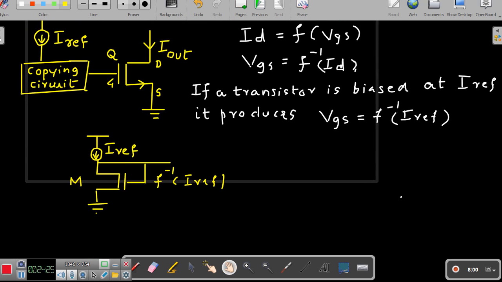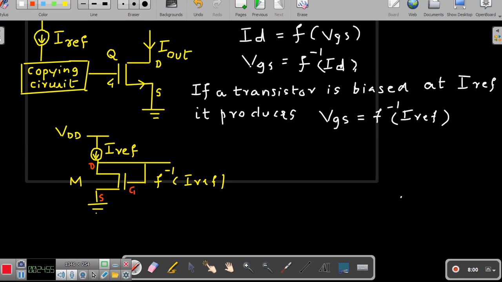Please look here. Of course, this is my VDD. Now, if you look at this diagram, this is my drain, this is the gate, and this is the source. In this diagram, your drain and gate are connected to each other, which we have not seen earlier so far.